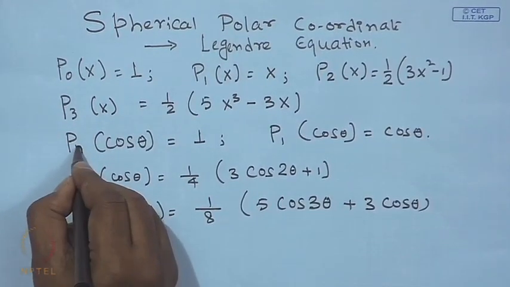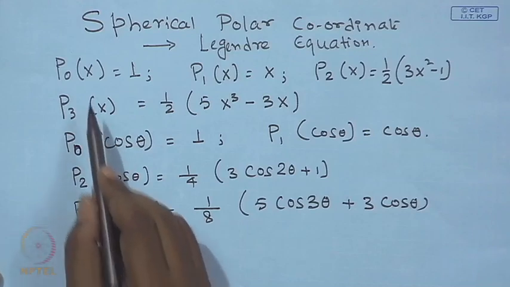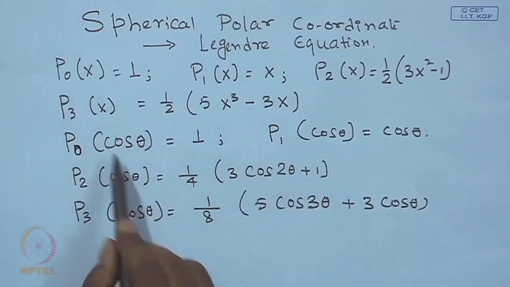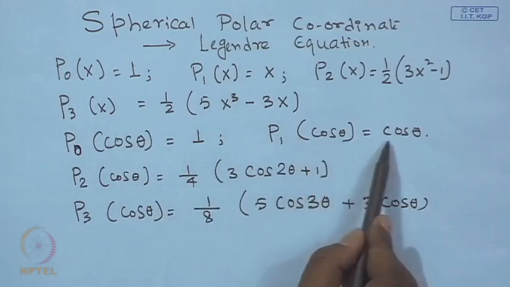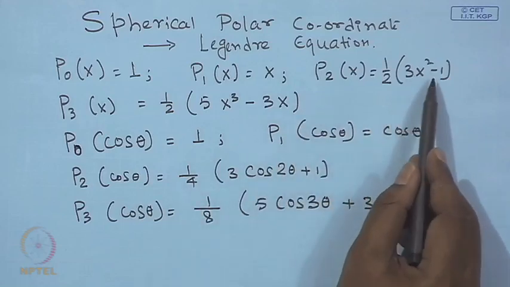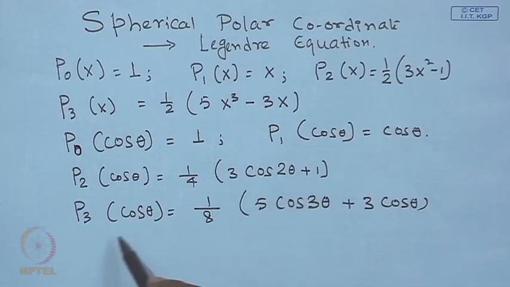So, this is P 0 cosine theta. These are in polar coordinates, so we just replace x with cosine theta. So, we will get P 0 cosine theta is 1, P 1 cosine theta is cosine theta, P 2 cosine theta is equal to half of 3 cos square theta minus 1, that is given by 3 cos 2 theta plus 1, and similarly we will get P 3 cosine theta.